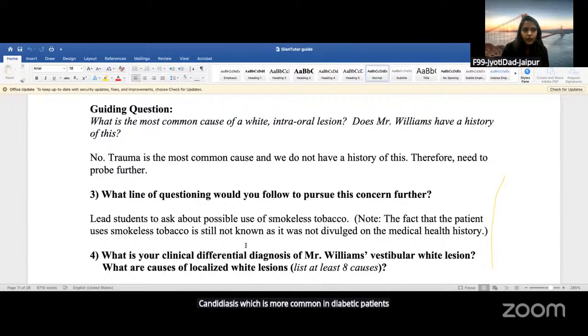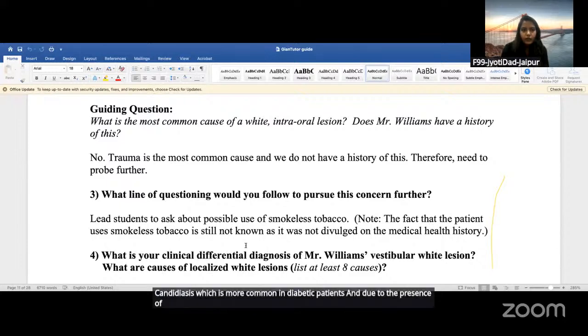Due to chronic cigarette smoking, it can also be a pre-malignant lesion such as leukoplakia. And due to the immunocompromised condition of the patient, it can also be lichen planus.